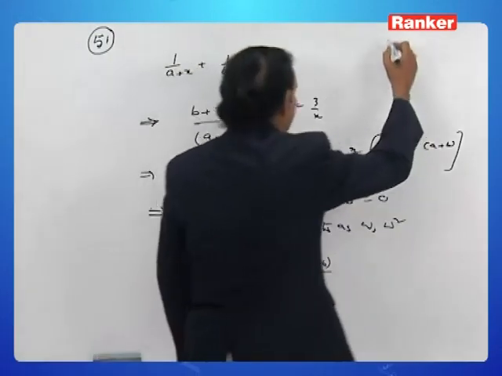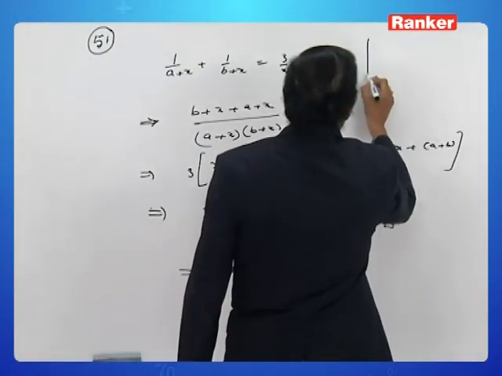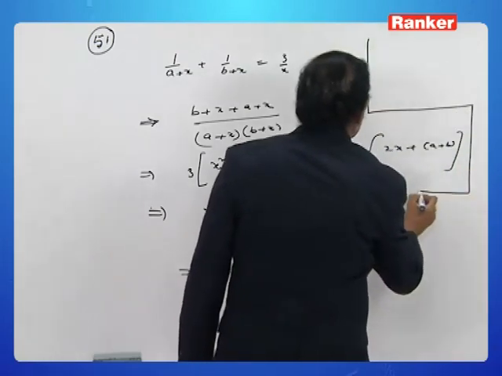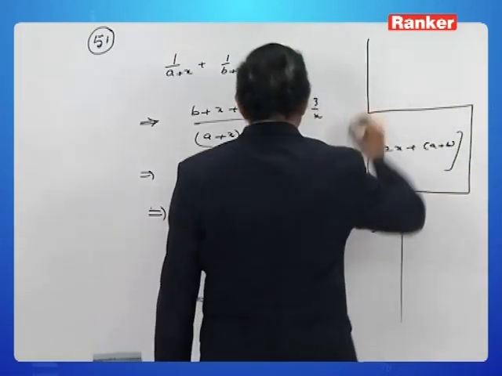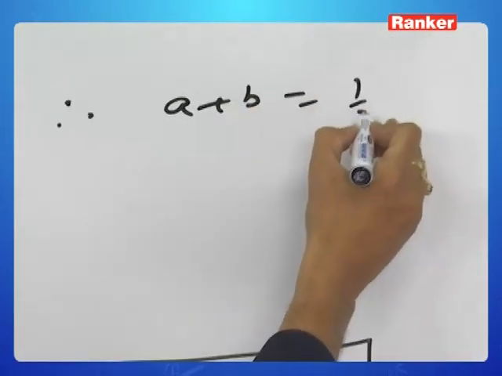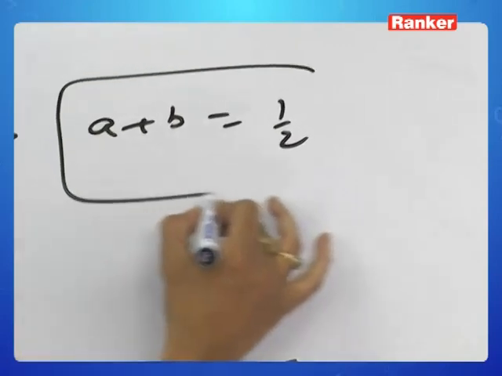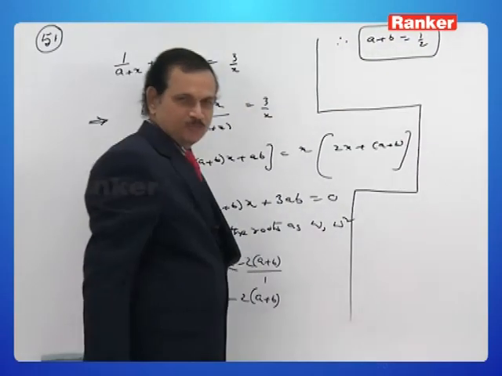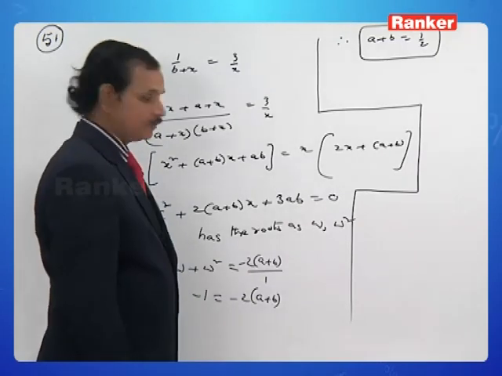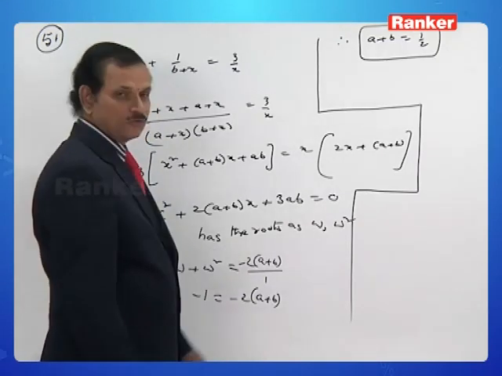So you can note that a plus b is equal to 1 by 2. Well and good, a plus b is 1 by 2. Again, sum of the roots you could have used.